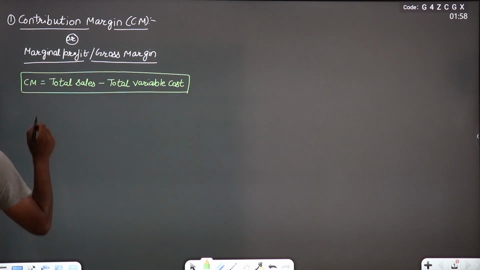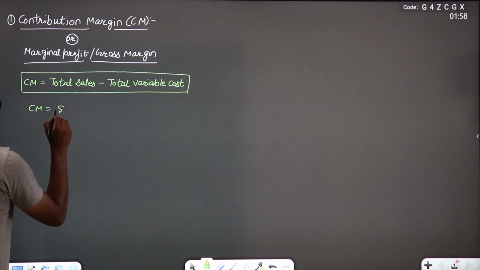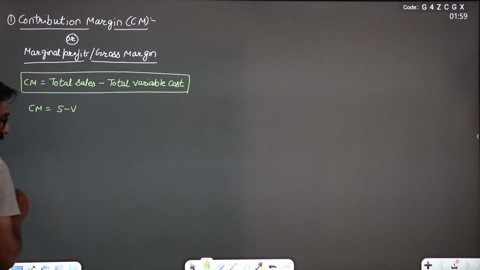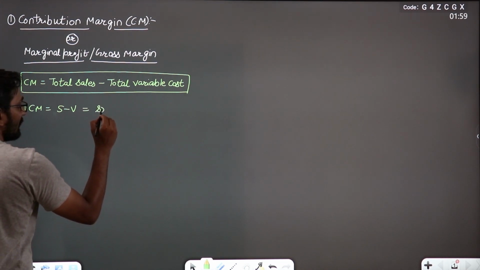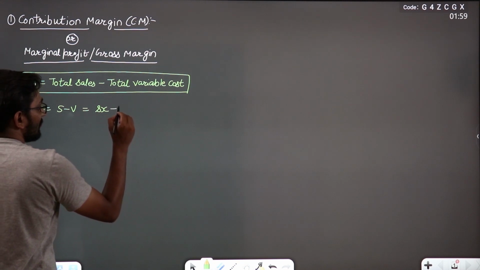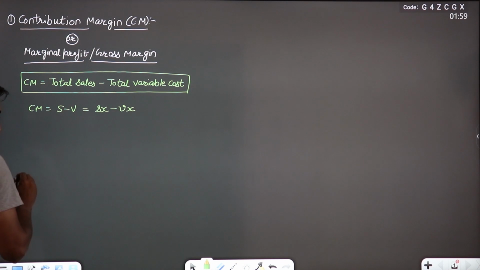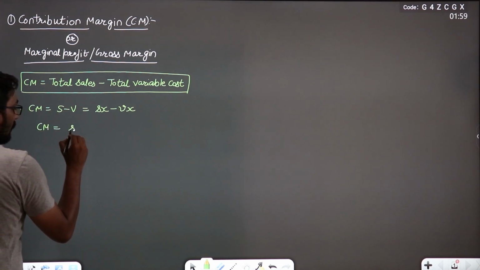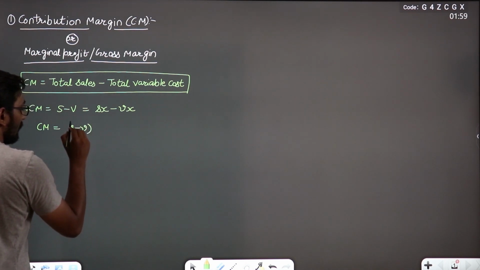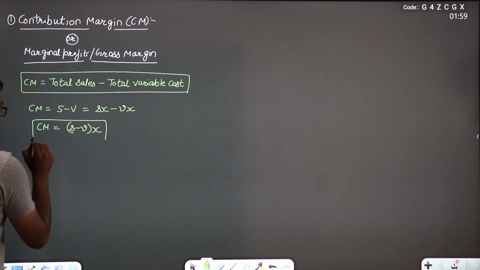What is total sales? That is small s into x, minus total variable cost, which is small v into x. So the contribution margin will be equal to (small s minus small v) into x. X is the number of units produced or number of units sold.